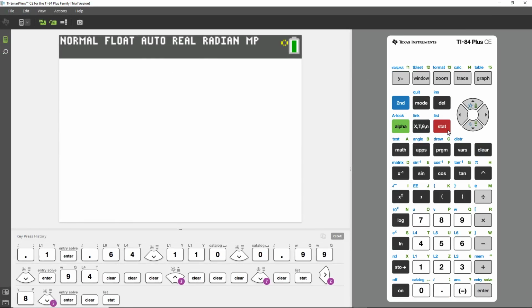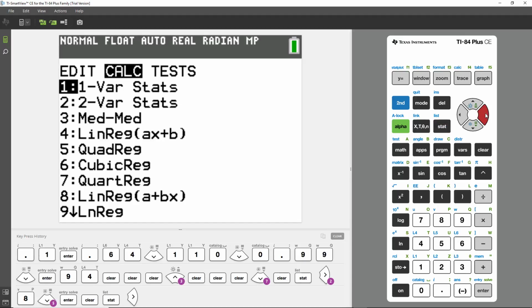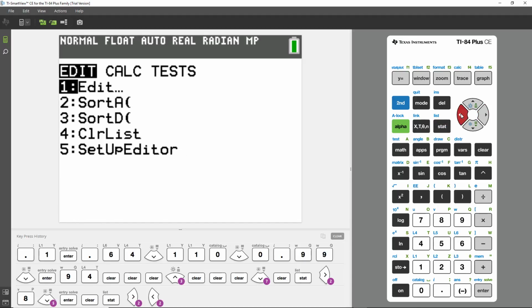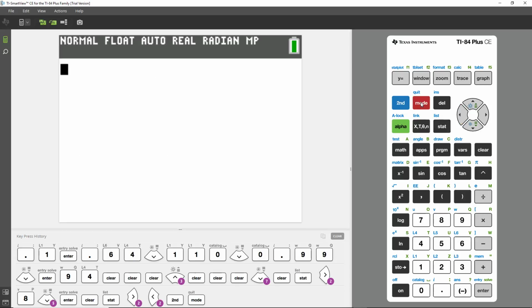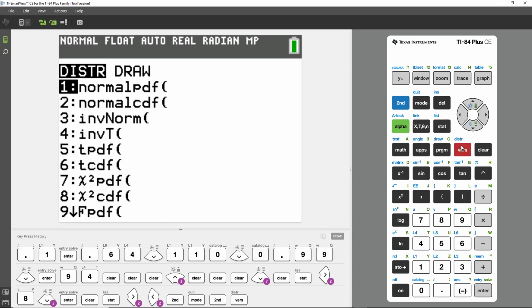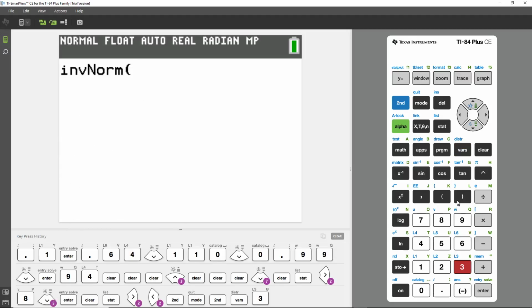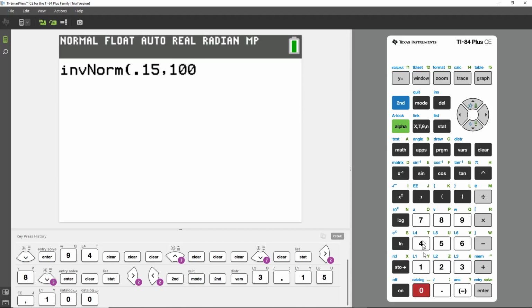So I'm just going to go to stat clear, go over to, actually stat doesn't help me. I need to go to second distribute and then find inverse norm. And it's probably best to put in, well, it's just going to be 0.15, comma 100, comma 15, which is the standard deviation.